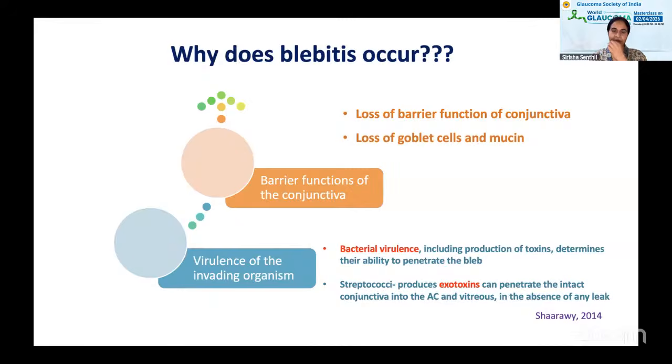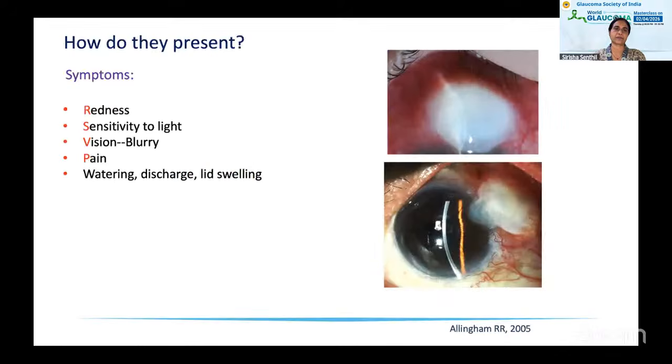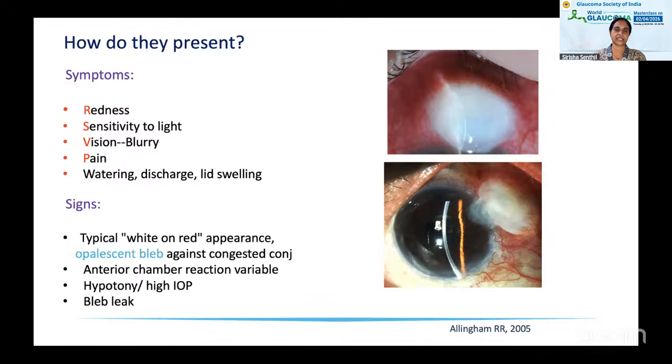But if there is a virulent organism, even in the presence of an intact bleb, there can be infection as well. Patients present with redness, sensitivity to light, sometimes blurry vision and pain, but in the early stages they may just present with redness and some pain, and the vision may not be very much affected.